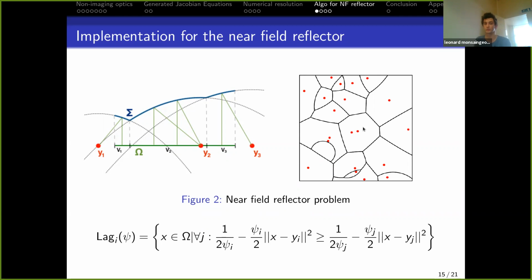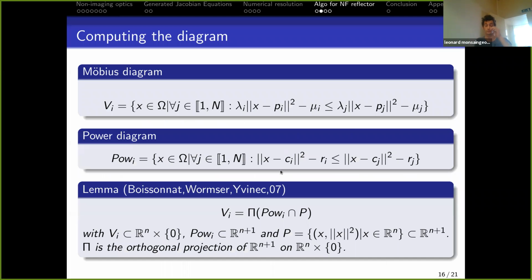To compute this diagram, we used a result published by Boissonnat, Wormser, and Yvinec in 2007. If I have a Möbius diagram of this form, which is a little more general than the form of my diagram, because I had 1/2 psi for lambda and p/2 for mu_i, then I can compute it by computing a power diagram in dimension d+1 and intersecting it with a paraboloid.